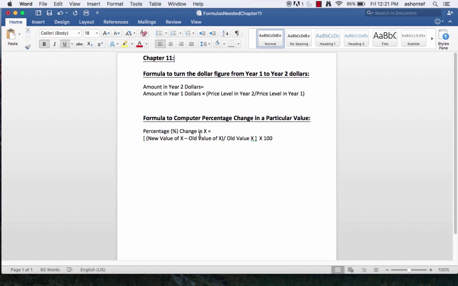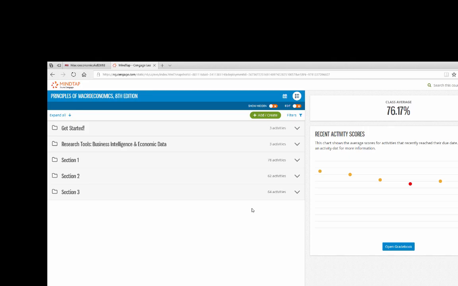To find percent change, you take the new value of x, subtract it from the old value of x, divide by the old value of x, and then multiply that number by 100. That's going to give you your percent change in a particular value. We're going to move on now and start looking at the homework questions, but you do need these two formulas to do this.